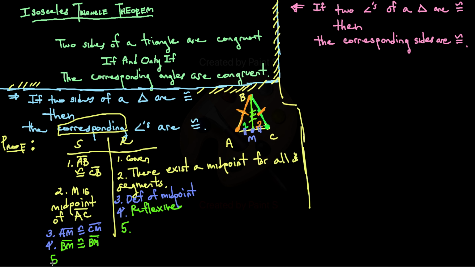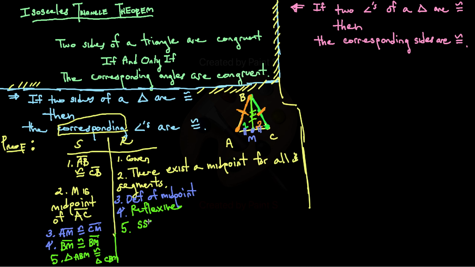5. Now your next statement is that triangle ABM is congruent to triangle CBM by side, side, side. So I have that the two triangles, ABM is congruent to triangle CBM, and that's because of side, side, side.